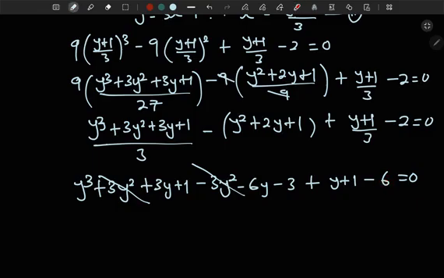So that's going to give us y cubed minus 2y, then minus 7, because minus 3 minus 6 is going to give us minus 9. Then we have plus 1 here, and another plus 1 here, that's 2 minus 9, which gives us minus 7 equals 0. And that is what you have to show.